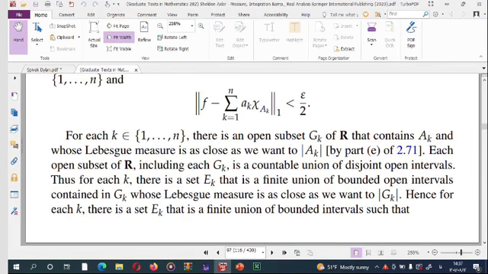Thus, for each k, there is a set E_k that is a finite union.